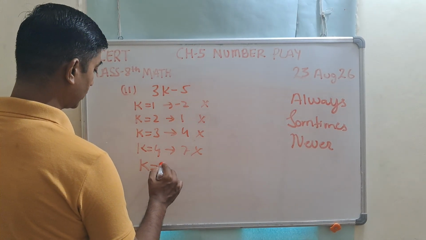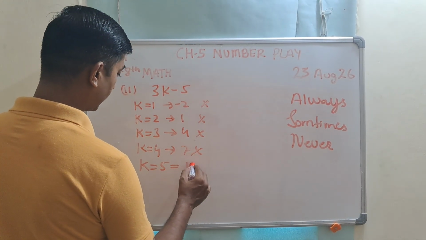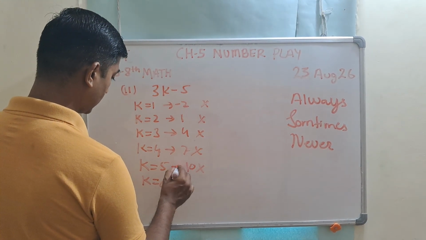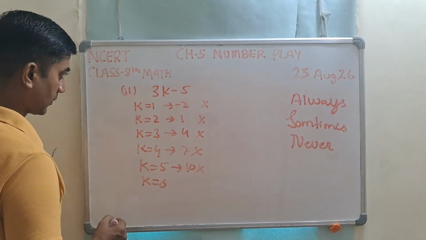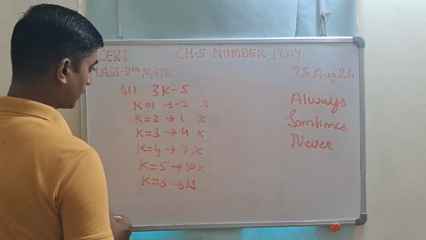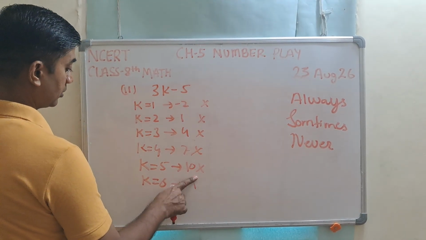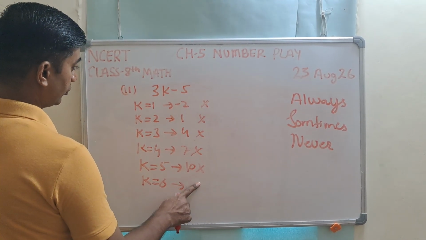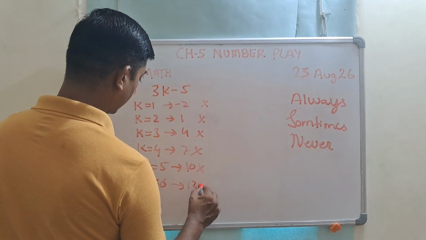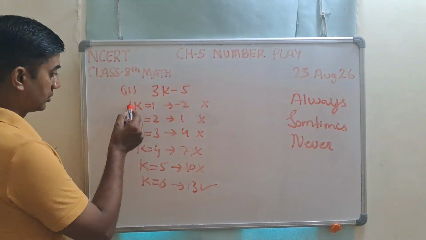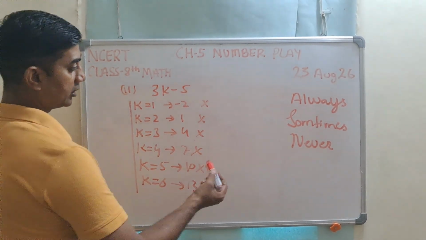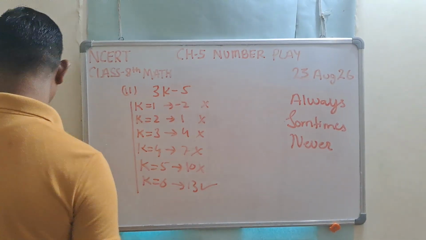And when k is equal to 5, 15 minus 5 is 10, not true. And when k is equal to 6, it is 18, and 18 minus 5 is 13. This is true. Understood? Now you can see that it is sometimes true. So this is also a case of sometimes. Understood?